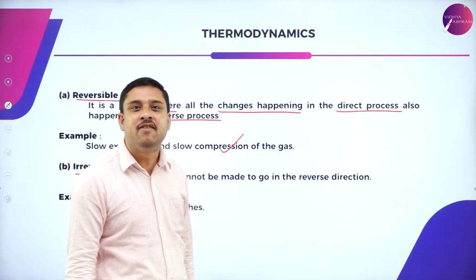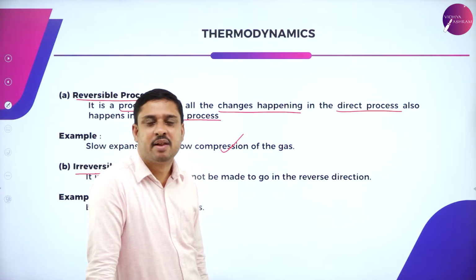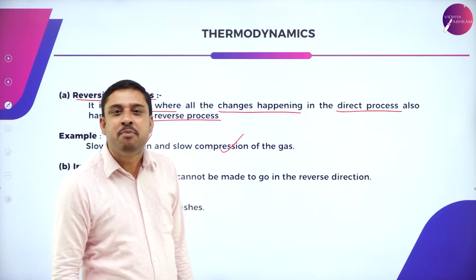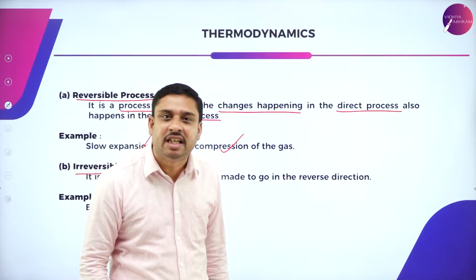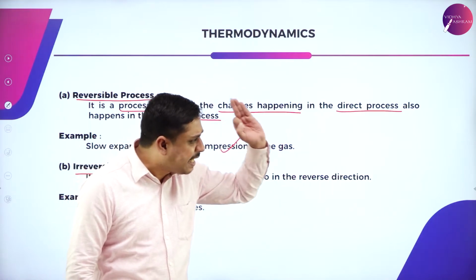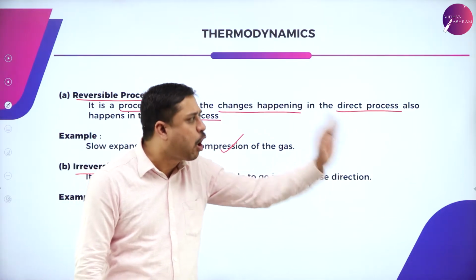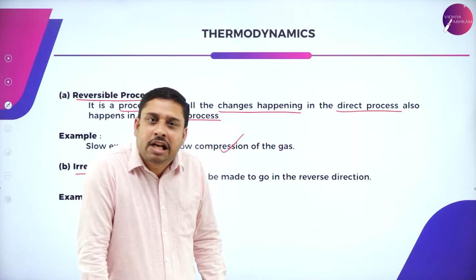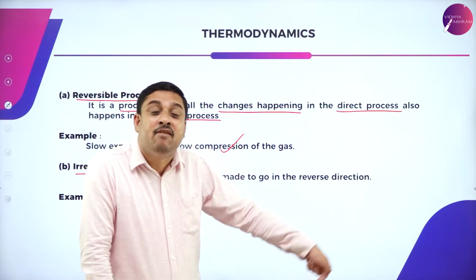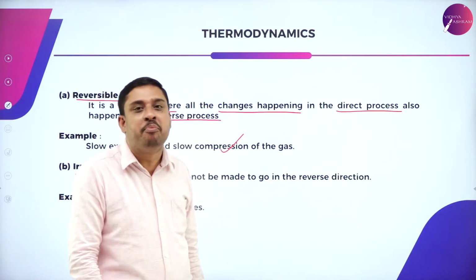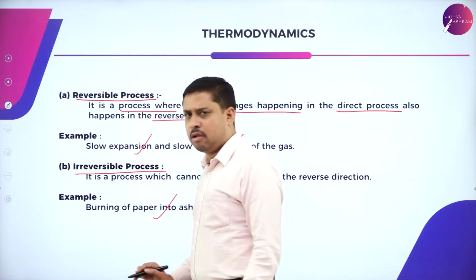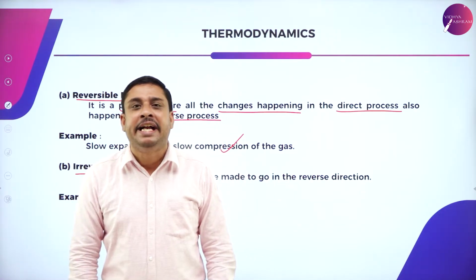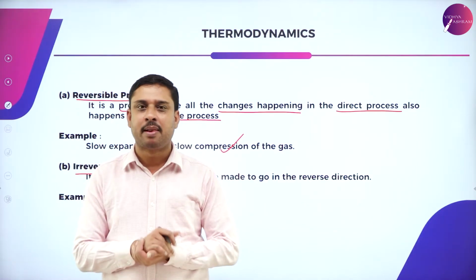What about an irreversible process? The name itself says cannot be reversed. It is a single direction process. You cannot have the reverse of that phenomena. For example, burning of paper into ashes.